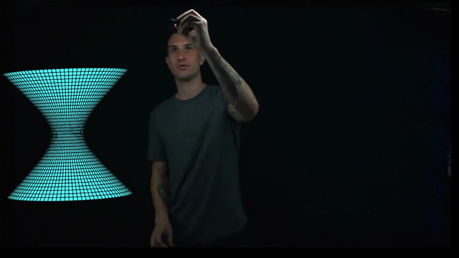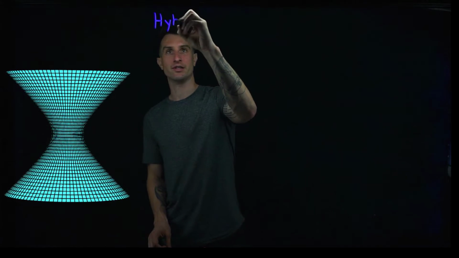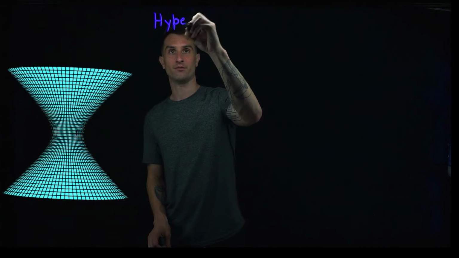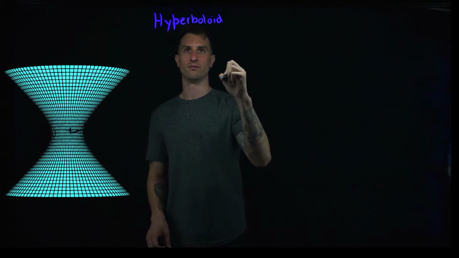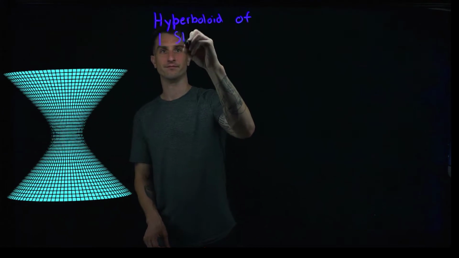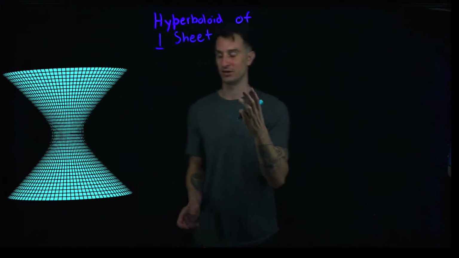Let's go ahead and jump into our next quadratic surface, and we will be going over what's called a hyperboloid of one sheet. One is special here because it'll be one piece.